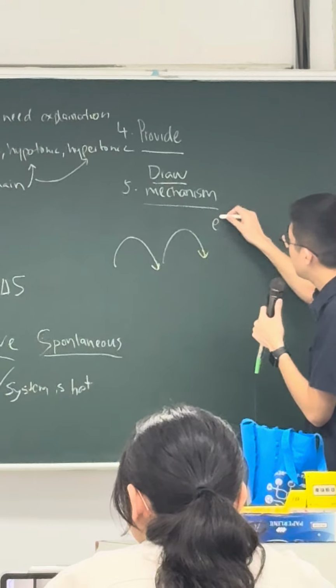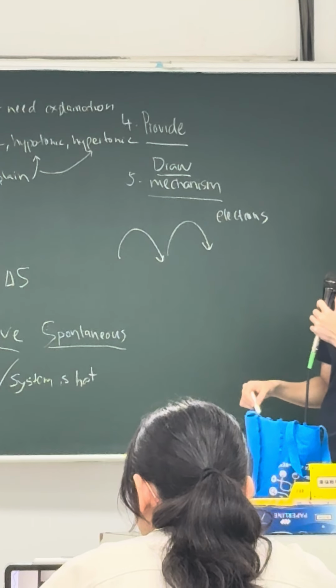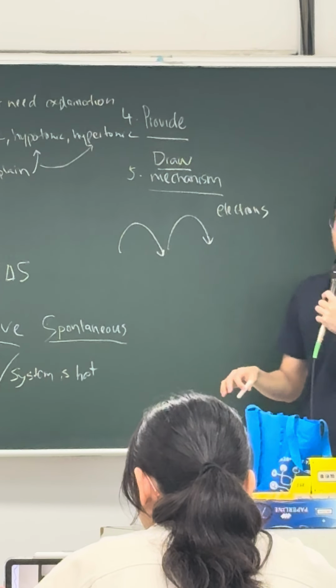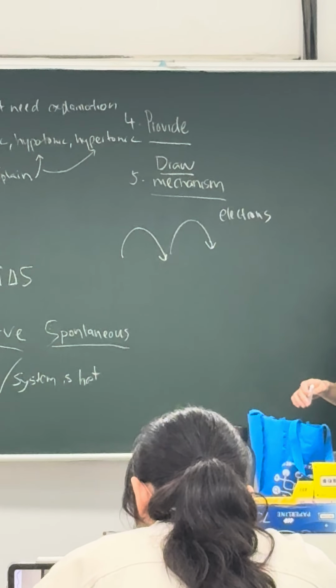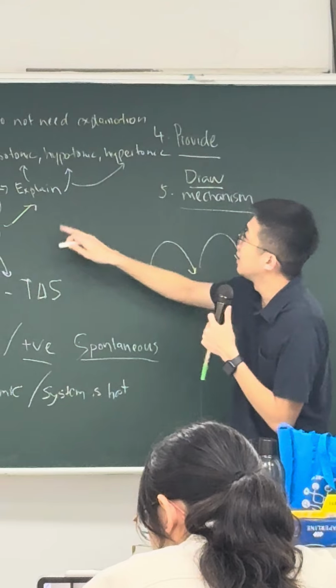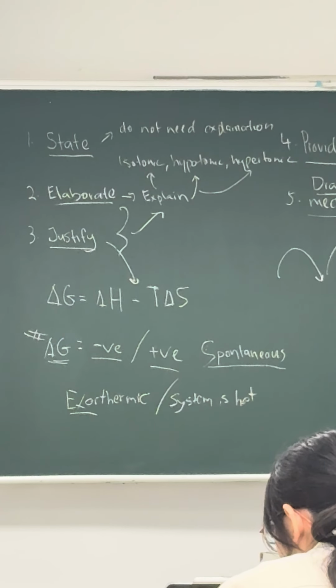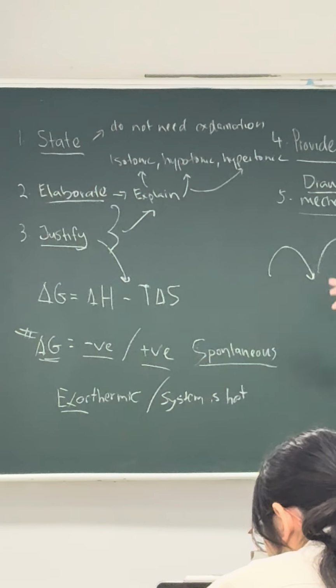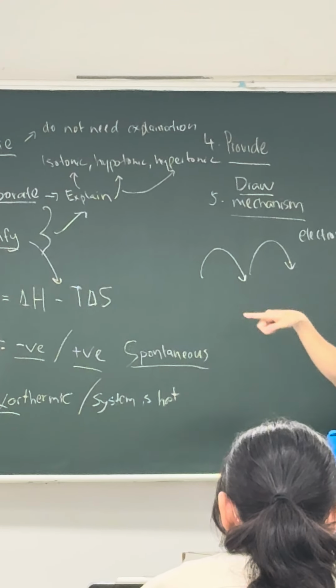How many electrons are being donated? So these are the few keywords that you need to take note of. These two, you need to explain. State, provide, this means you do not need to explain but provide the examples. If the question asks draw mechanism, you need to draw the mechanism.